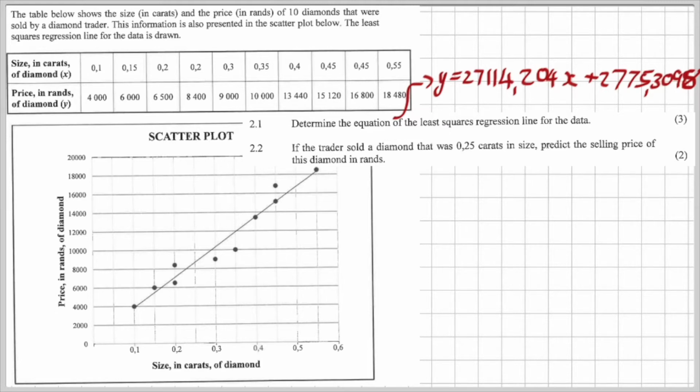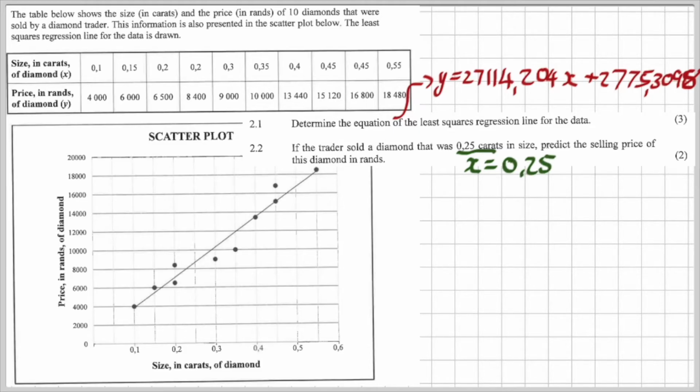What is the next question now? If the trader sold a diamond that was 0.25 carats in size, are they giving you X values or Y values? They're giving you X values. X is 0.25.